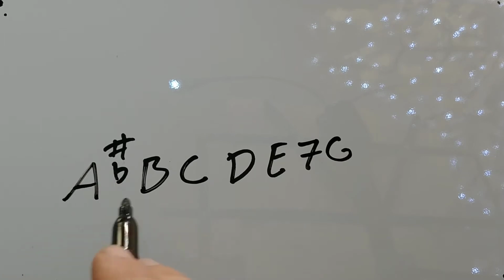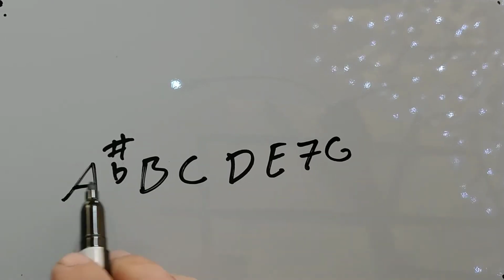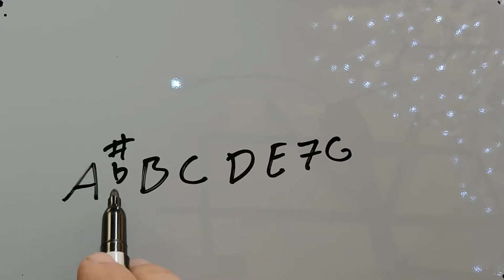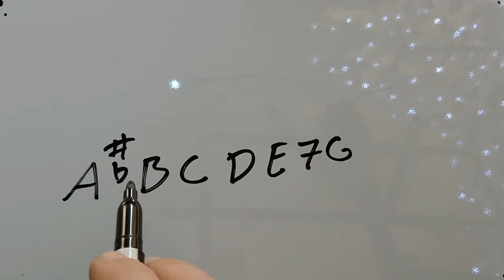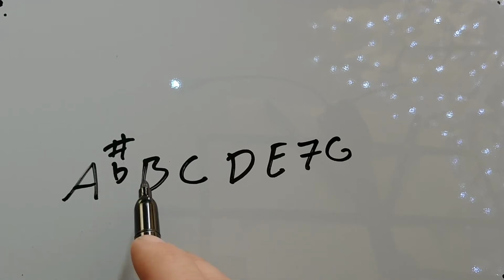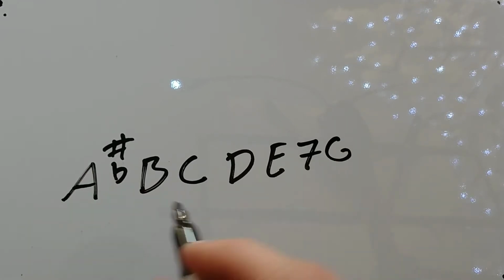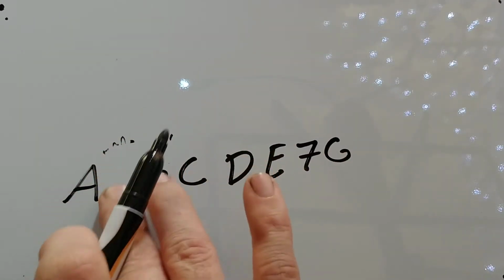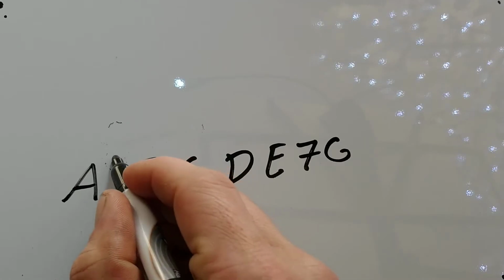They just happen to depend on the direction you're going. For instance, in A, it goes A and then A sharp and then B. But if we go the other direction, it's B, B flat, then A. Making sense? All right, so in between every note, there are sharps and flats.